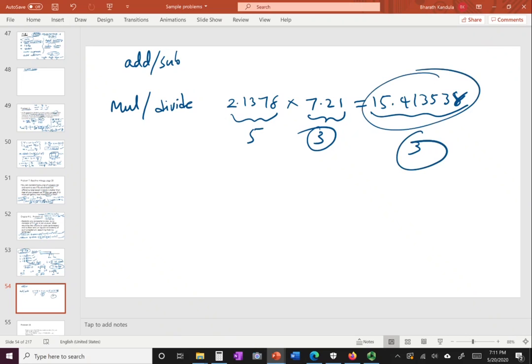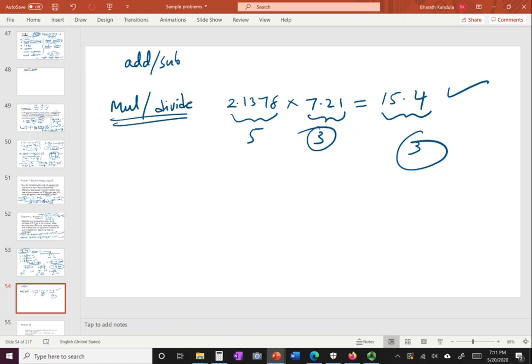So we write 15.4. This is the correct value because it has 3 sig figs. You need to follow this rule when you are multiplying or dividing. Now let's look at the rule for addition and subtraction.